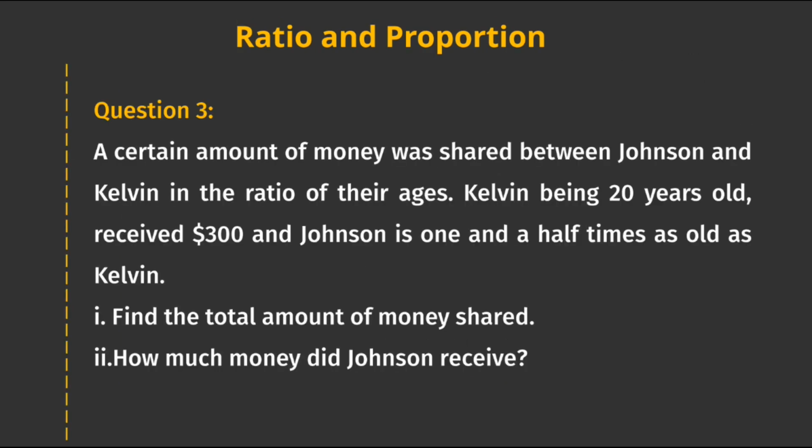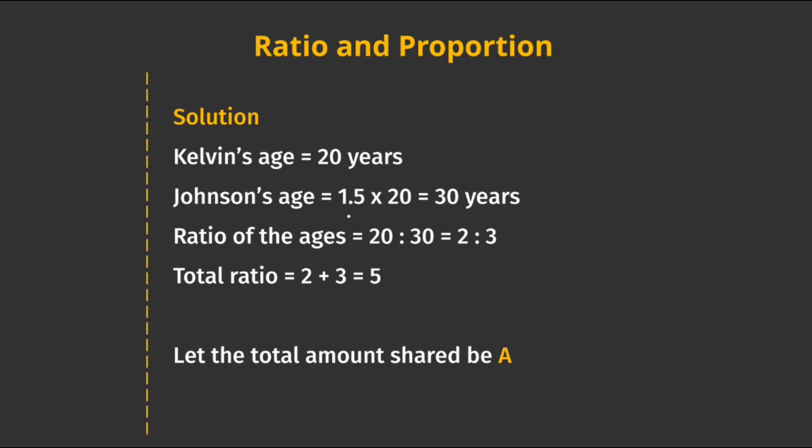A certain amount of money was shared between Johnson and Kelvin in the ratio of their ages. Kelvin, being 20 years old, received $300, and Johnson is 1.5 times as old as Kelvin. Find the total amount of money shared, and how much money did Johnson receive? Kelvin's age is 20 years.